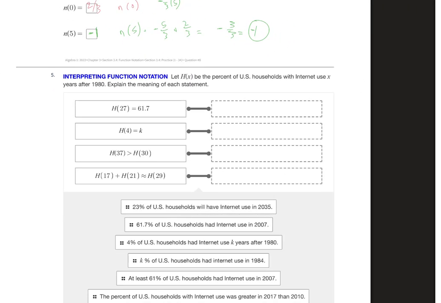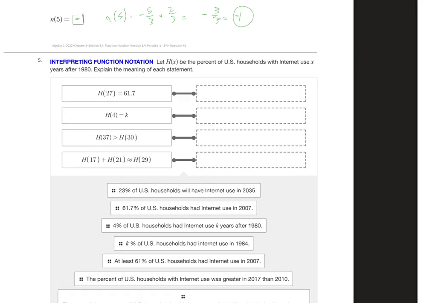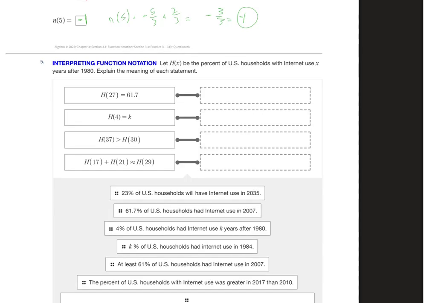Number 5, let h of x be the percent of U.S. households with internet use x years after 1980. Okay. So this is like 27 years after 1980, so that's the year 2007.